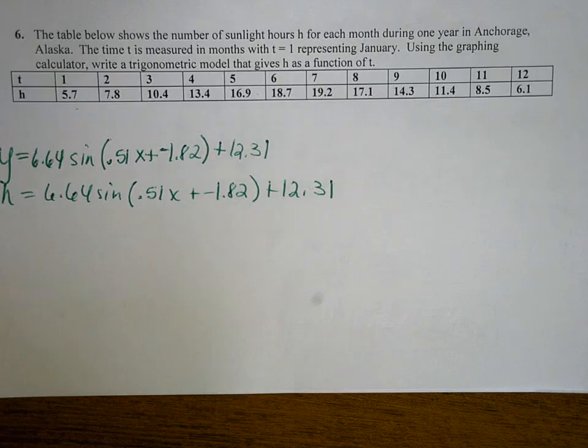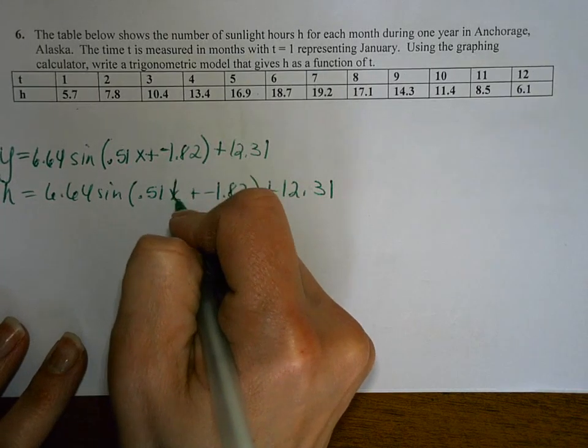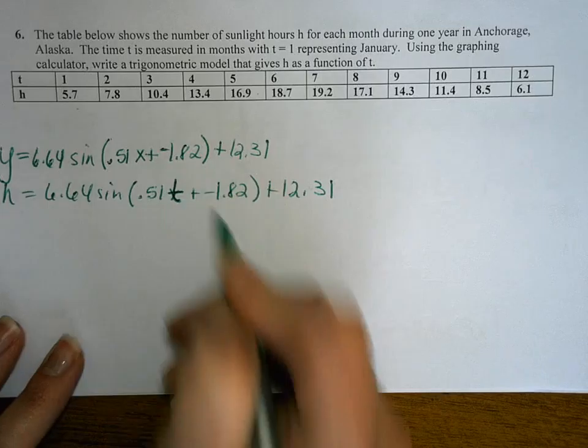Okay, now I have another comment. As we have been writing these equations, y is equal to a sine of b times the quantity of x minus h, plus k. Does the way we've been writing them match up with the way that your graphing calculator has been displaying them? It should be a t. Thank you.